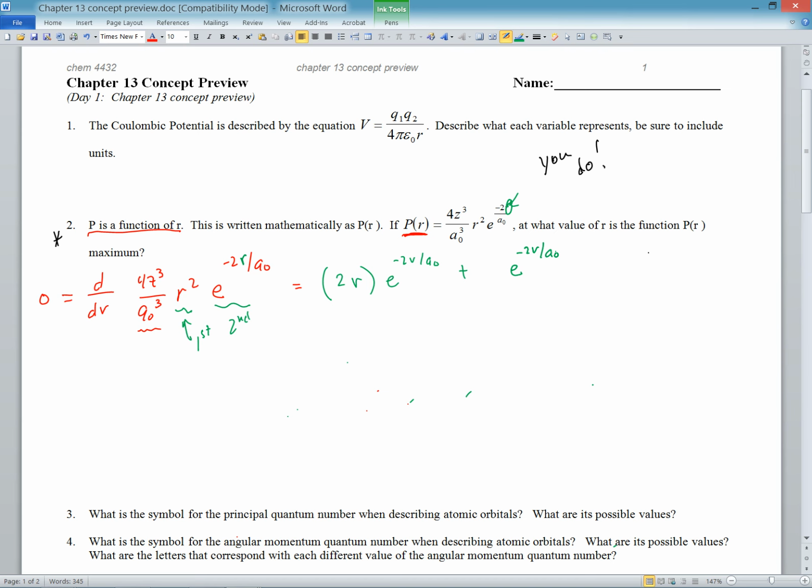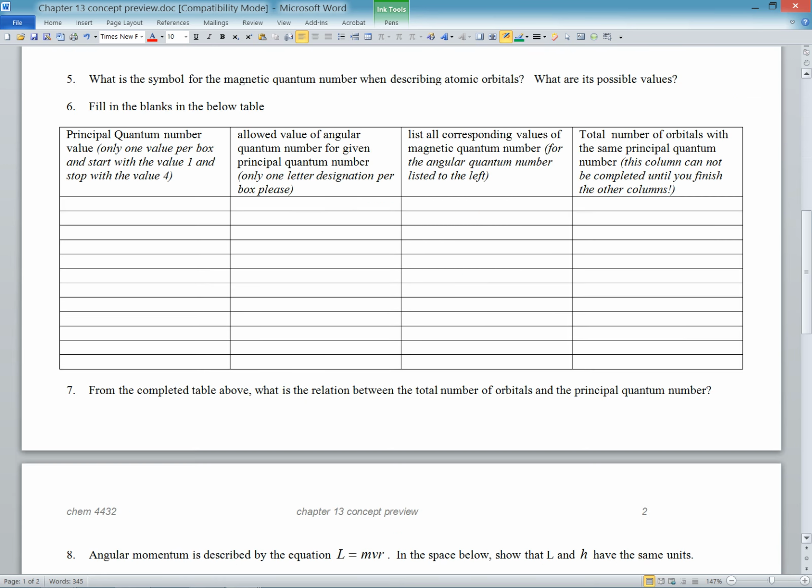This thing's hard to write with, so you just got to forgive me for that. But it's the same, but you're not finished, though. How do you take the derivative? The derivative of e to the positive r would be e to the r. But e to the negative r, you get e to the negative r, but you have to take the derivative of the exponential part. Then you'd have a negative sign out front, right?